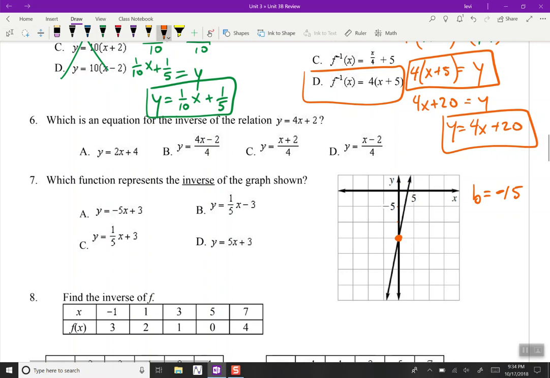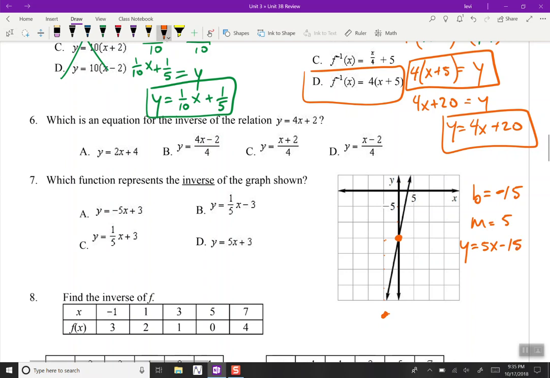And it looks like it's going to be a little bit tricky to find our slope. So we're going from here, we're going to say one more to get to this section, so that would be up 1, 2, 3, 4, 5, so up 25 over 5, so that's the same as 5 over 1, so our slope is 5. So our equation would be y equals 5x minus 15.